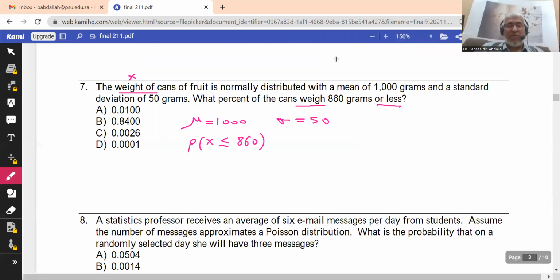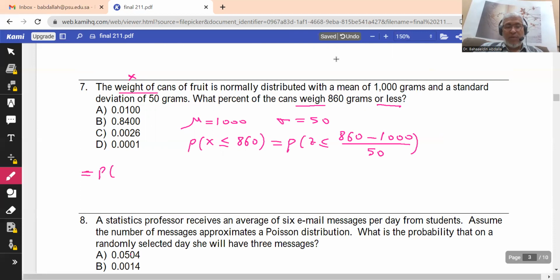This is a normal distribution, so it follows a normal distribution. So we can change x to z by subtracting the mean from 860 and dividing by sigma. That's the z score, (x minus mu) over sigma.